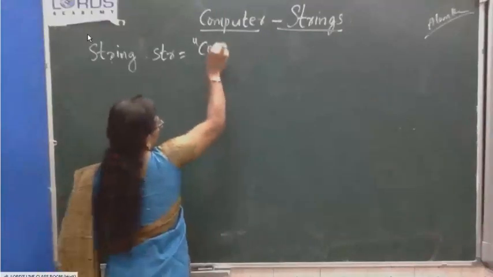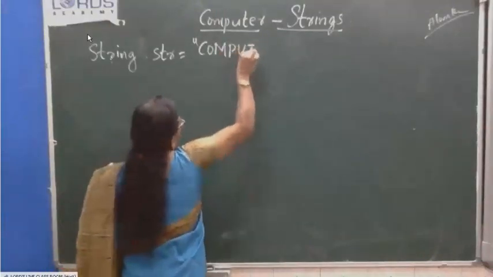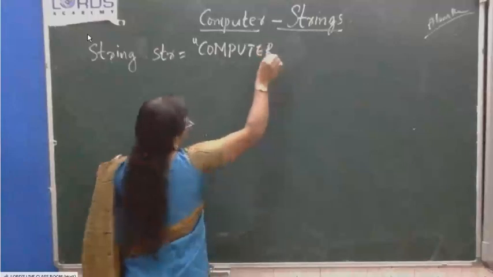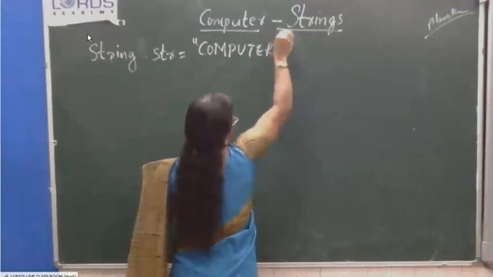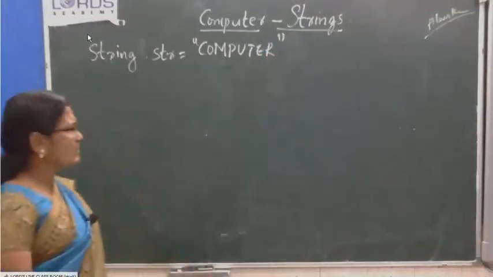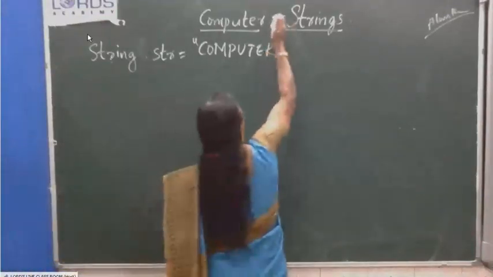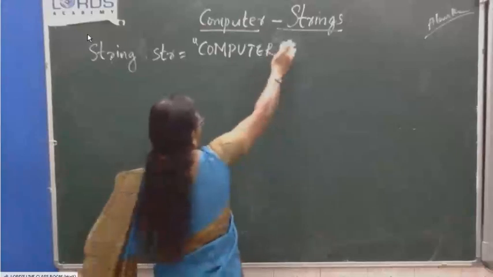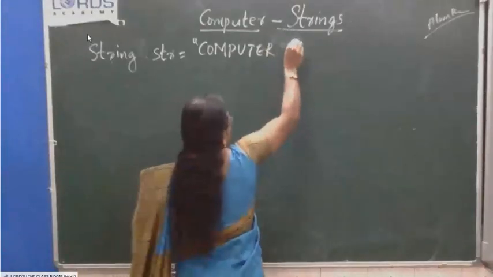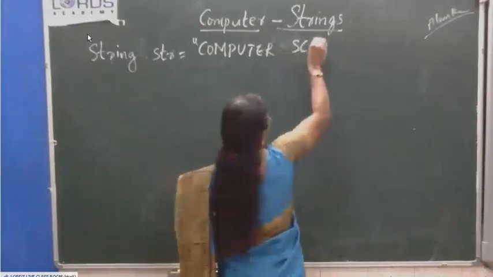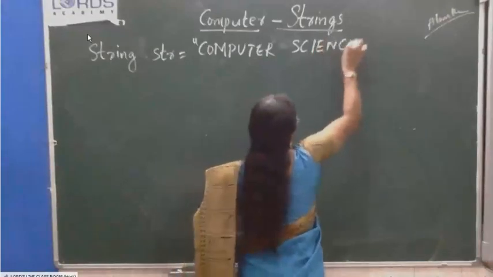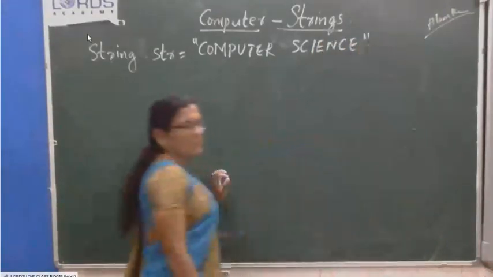Directly I am assigning the value computer science. Space will be considered as a character. So, computer science, space is given. Science, a space is also given.